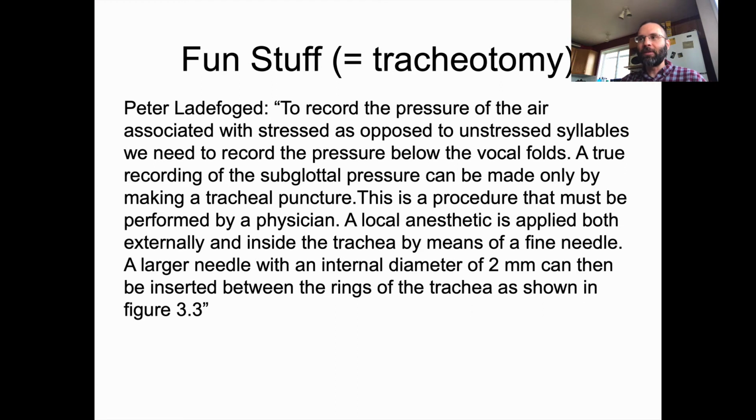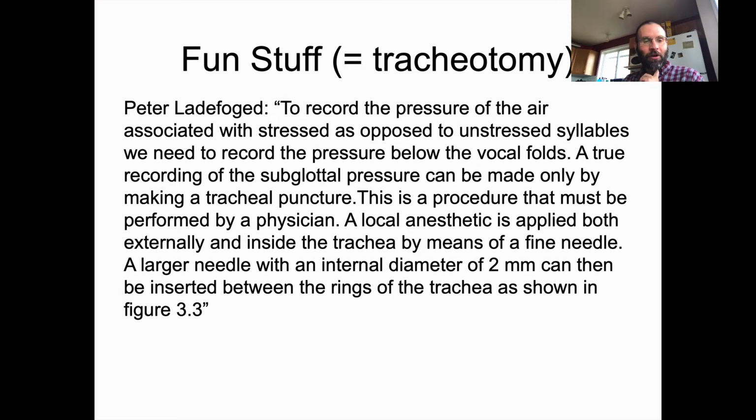So we've talked about this with respiration, that if you increase airflow, you tend to get higher F0. You can also tweak the longitudinal tension in your vocal folds to raise or lower F0 as well. If you want to figure out independently how those two things work together, you should probably get a measure of subglottal air pressure, and also a measure of what your cricothyroid muscle is doing at the same time.